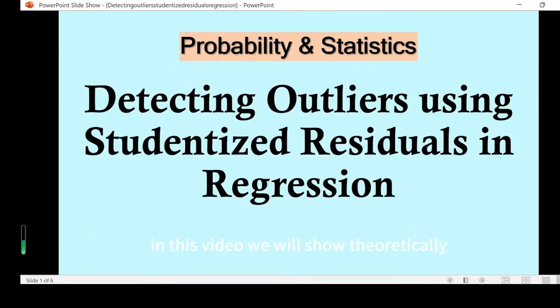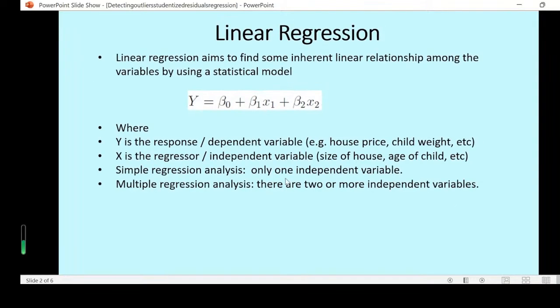In this video, we will show theoretically how to detect outliers in regression using studentized residuals. So we know in a linear regression model, for example, there are 2 independent variables, x1 and x2, and y is the dependent variable, or the observations.